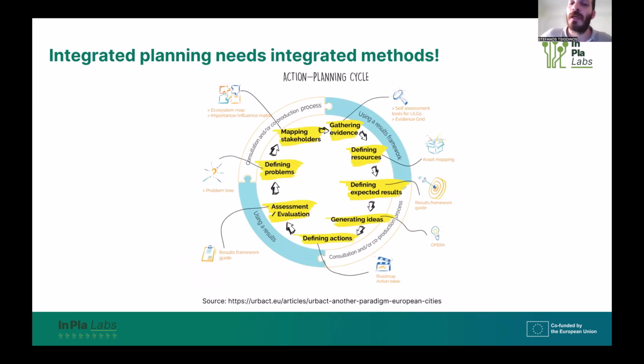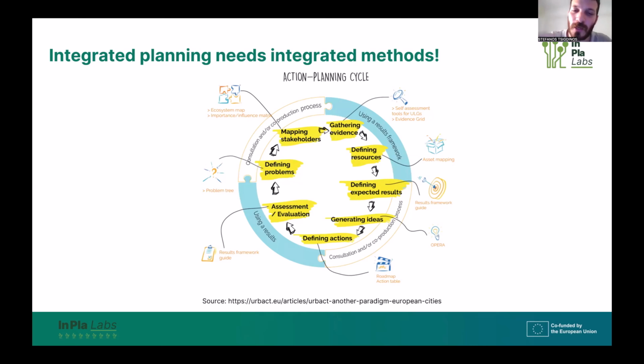Another interesting opportunity and example is about the action planning cycle. This is from the AIRBACT funding scheme. So we can see that they think of planning as a cycle, as something that's not linear.